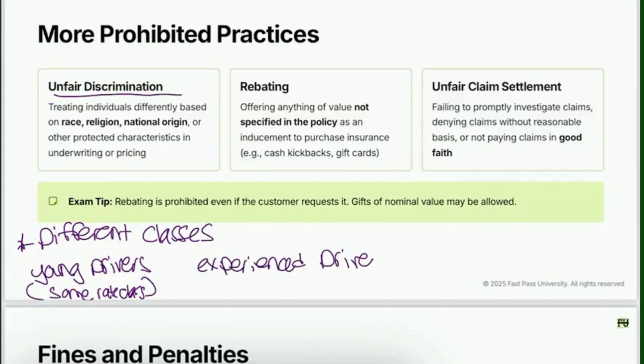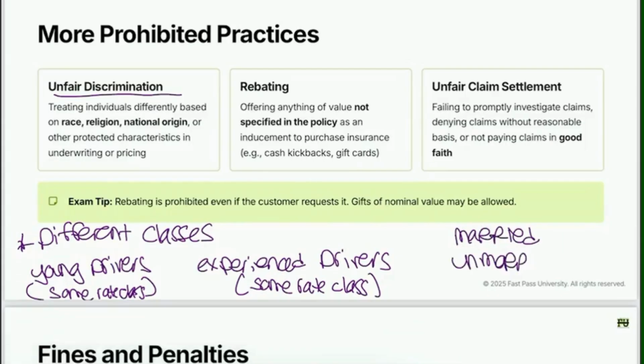There's different rate classes for people who are married versus unmarried. These are things that they can statistically prove or are generally statistically true. So generally, young drivers, new drivers have more claims, more accidents than experienced drivers. There's statistics that show that somebody who is married is generally a safer driver as well.